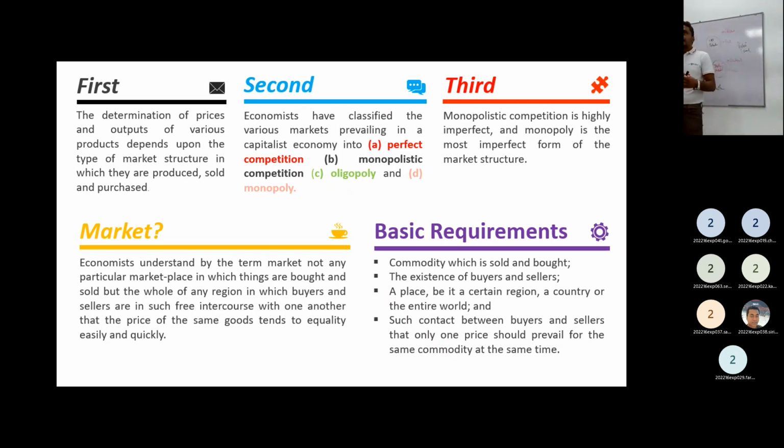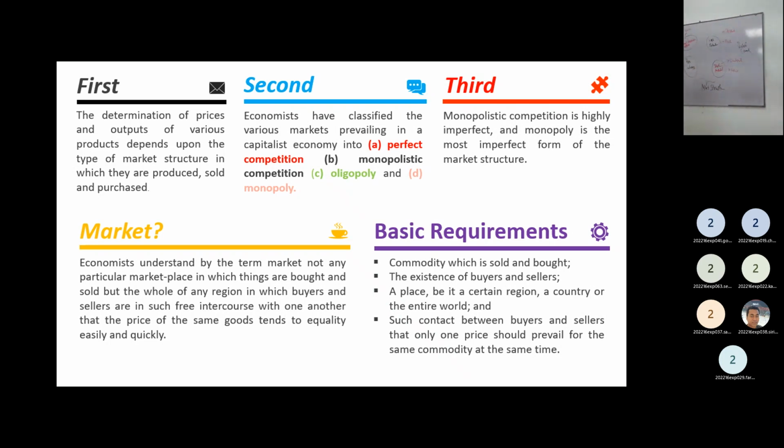In a very simple way, right? So when I'm going to import a car from abroad, let's say Japan, I'm not going to meet the seller. It's just a matter of preparing the LCs and other relevant documents, right? So this interconnection must be there to consider it as a market.